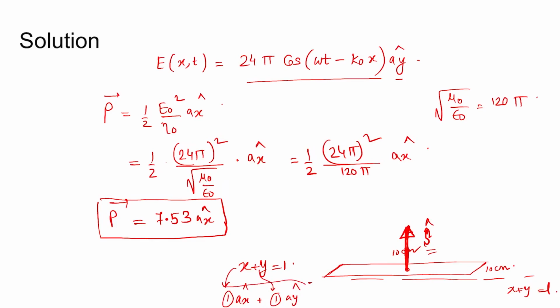This is the vector which is perpendicular to the surface, but this is not the unit vector, we need the unit vector. So this is divided by root 2. So this is s hat equal to (ax hat plus ay hat) by root 2.